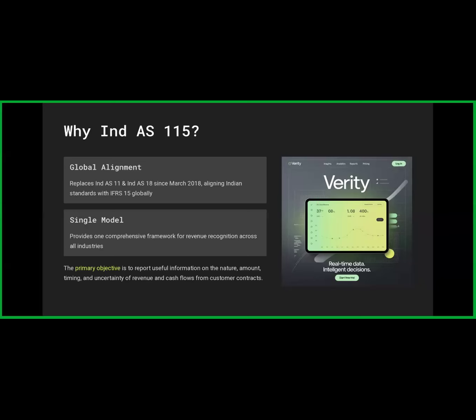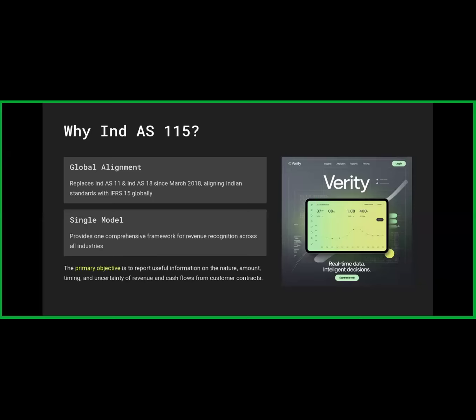So in Ind AS 115 we align with the global standard. That is the main part, and we combine the two different standards, AS 11 and AS 18, club them and make one uniform standard for revenue recognition.